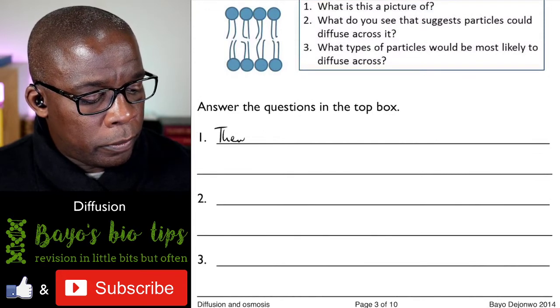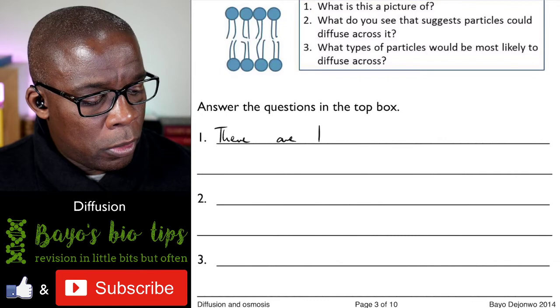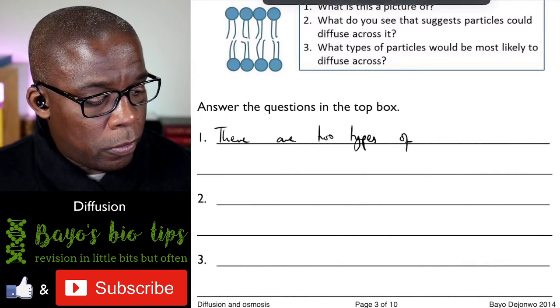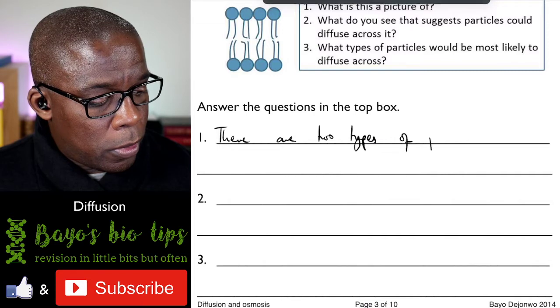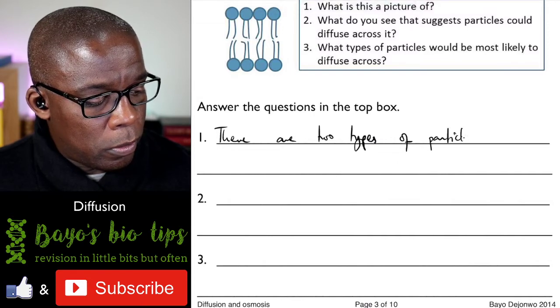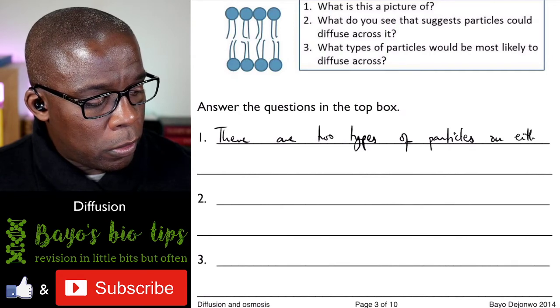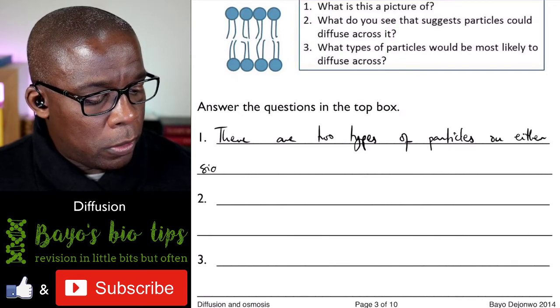There are two types of particles on either side of the membrane.